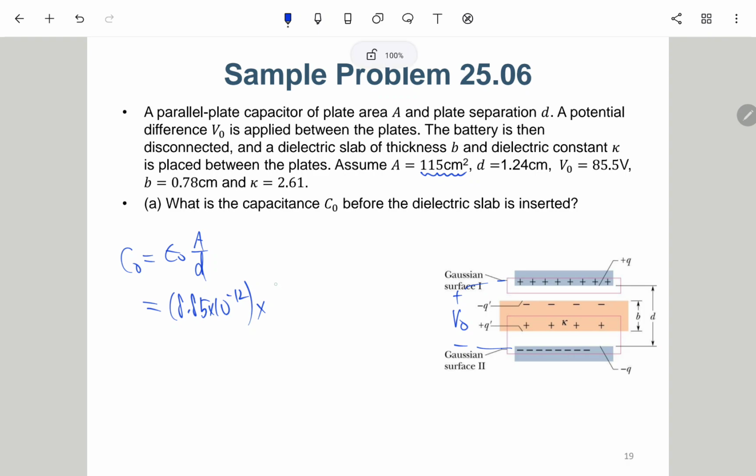So it will be 115 times 10 to negative 4, okay, meter squared, over D. D is this one, 1.24 centimeter, which is 0.0124 meter. Okay, so the value will be 8.21 picofarad. Okay, pico is 10 to negative 12.